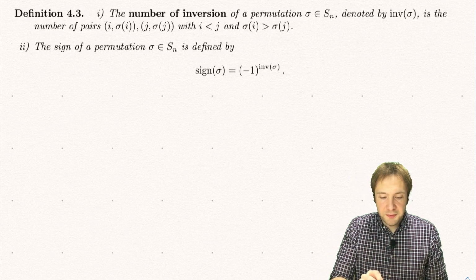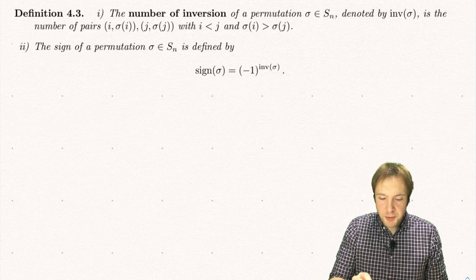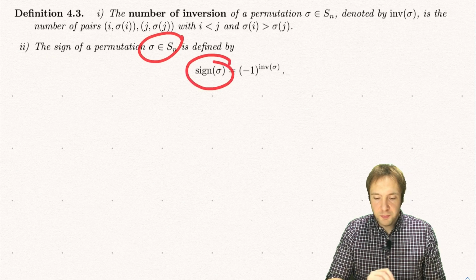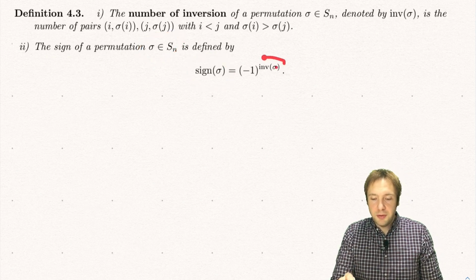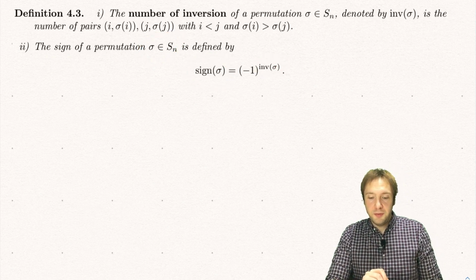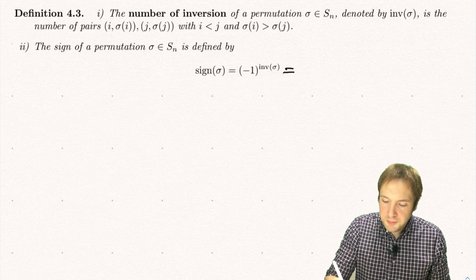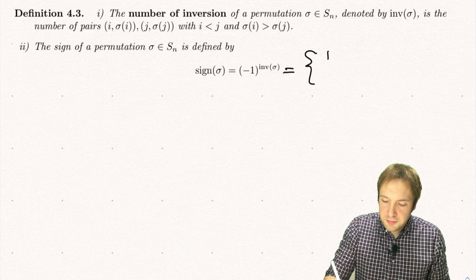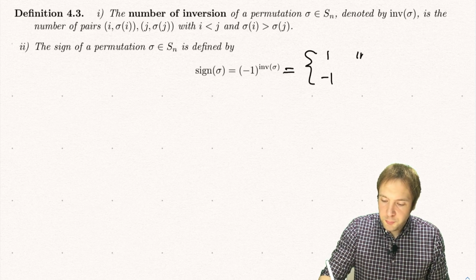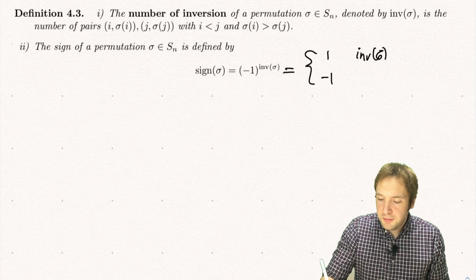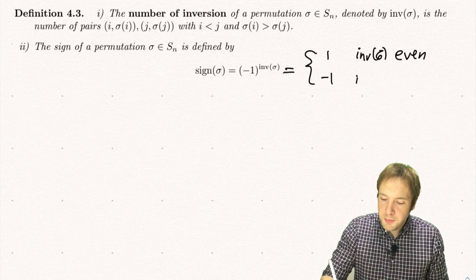And then we say the sign of a permutation sigma, which we denote by sign of sigma, is (-1) to the number of inversions. So in other words, this is either 1 or -1, and it's 1 if the number of inversions is even, and it's -1 if the number of inversions is odd.